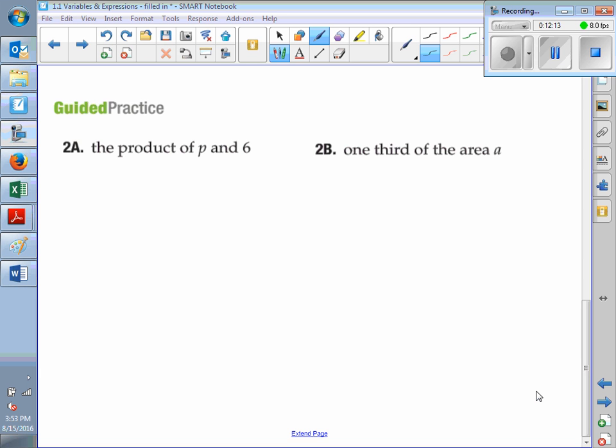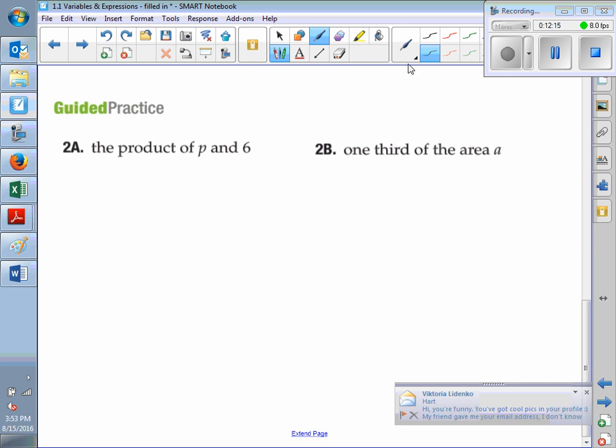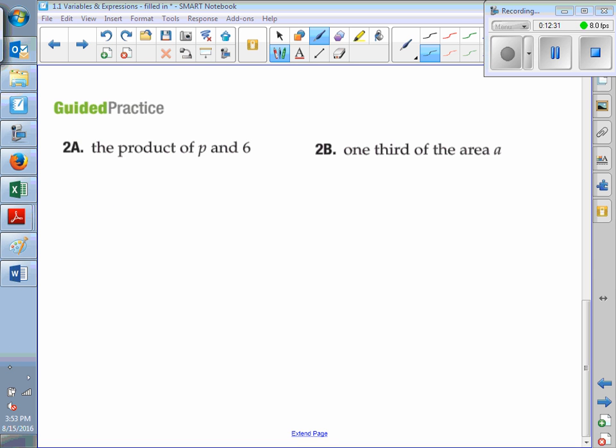Who's got one for me? The product of p and 6. Logan? Okay. Just the p next to the 6, right? So, which one do we put first in algebra? The number goes first.